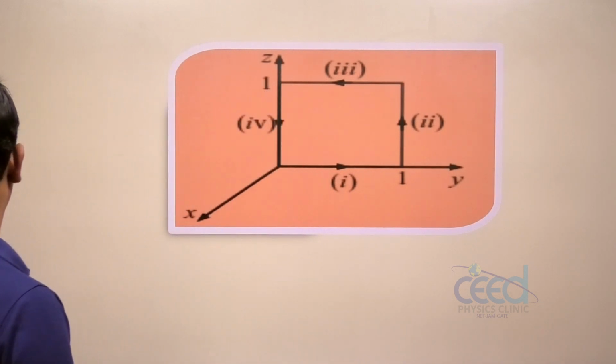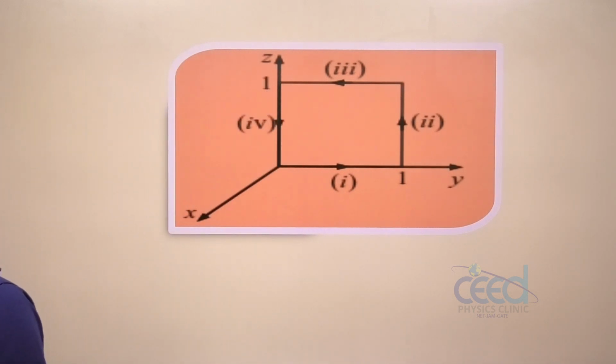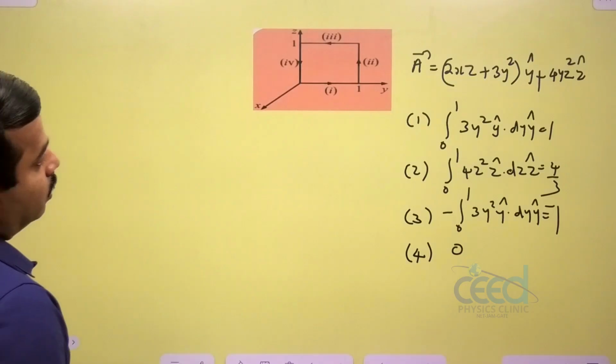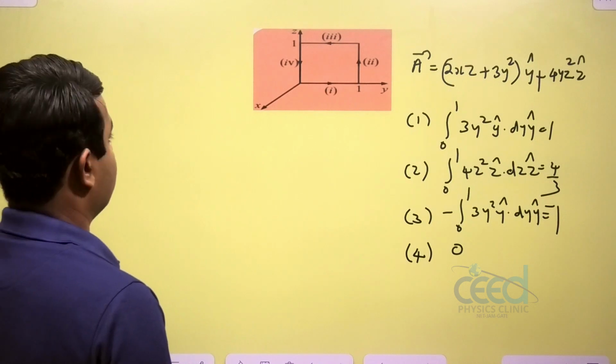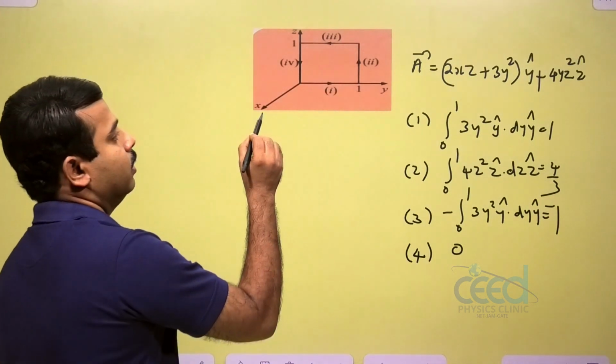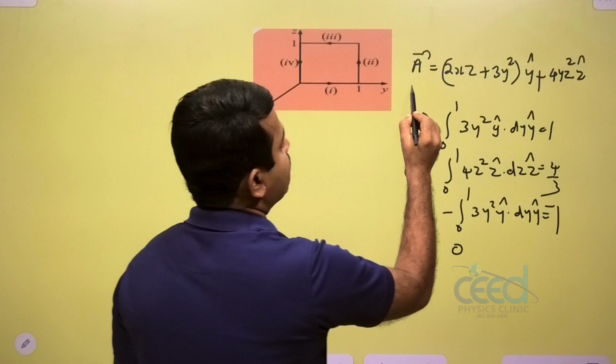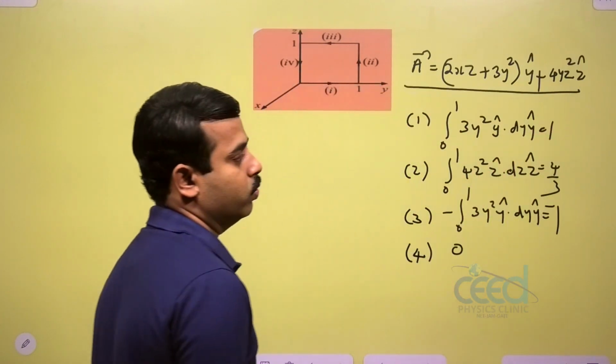So let us go to the board. This is our square surface, and this is the vector field given in the question.